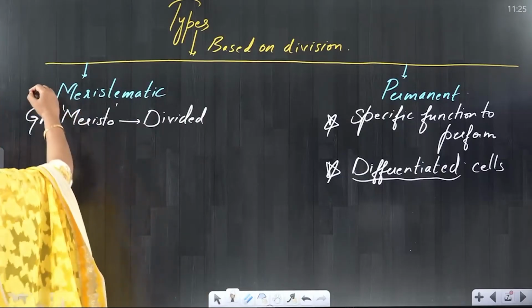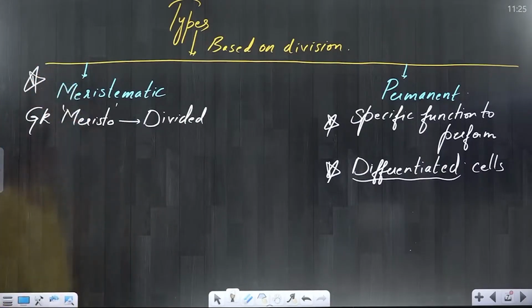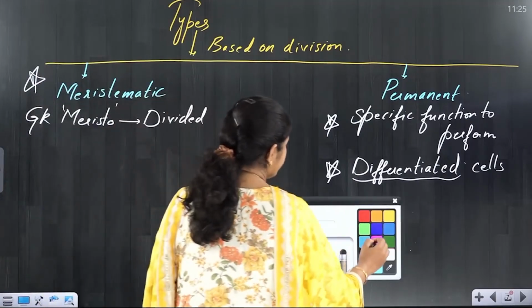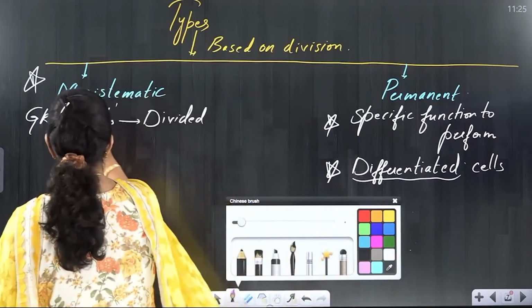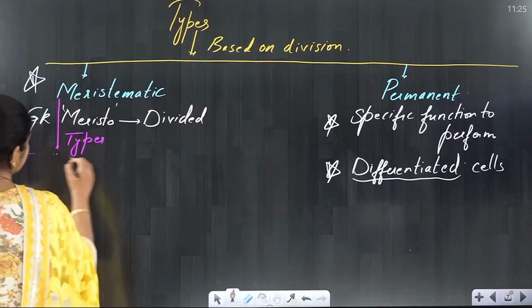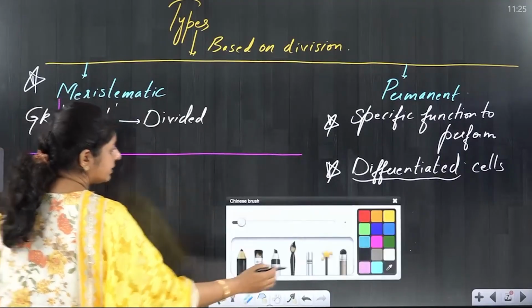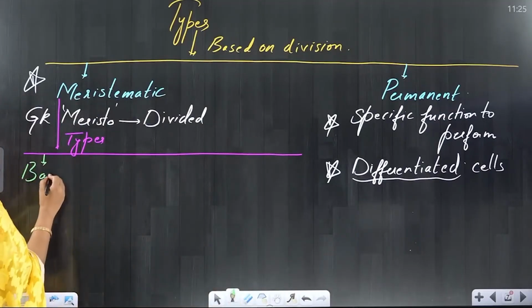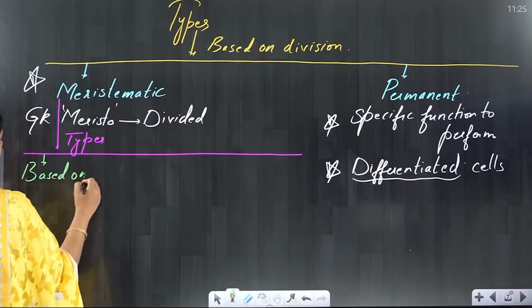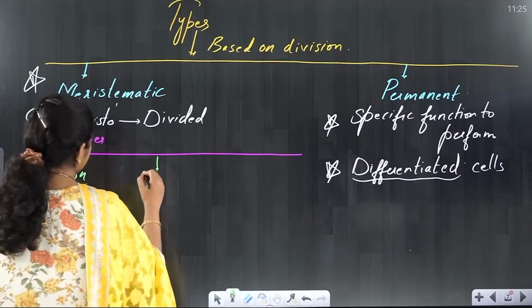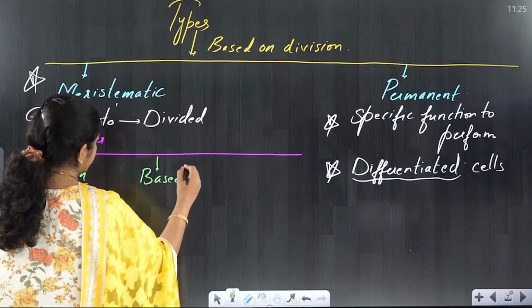Today we have to go into more detail about meristematic tissues. In meristematic tissue, you will find various subtypes. Its types, right? First, we will take that it can be based on location, right? It can even be based on origin.